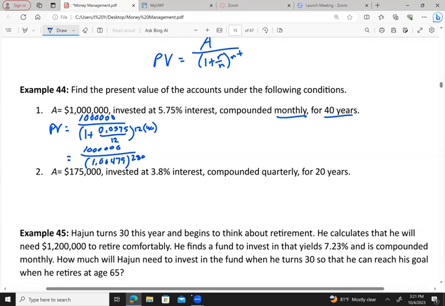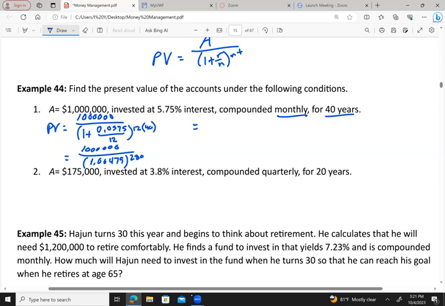So now I need to take this, and this is our 1 million divided by 1.00479 to the 280th power, which gives me 3.81141. And now I simply divide 1 million by 3.81141.